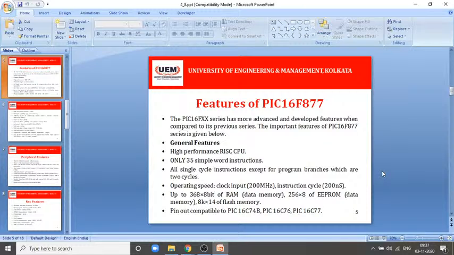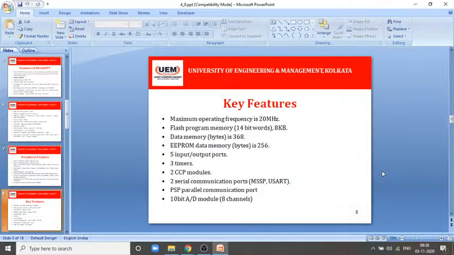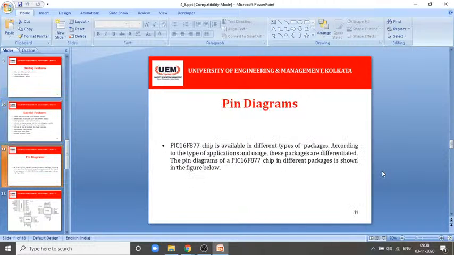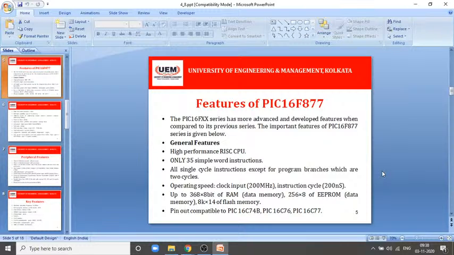The important features are given below. We are about to discuss the general features, peripheral features, key features, analog features, special features. So let us discuss first the general features.